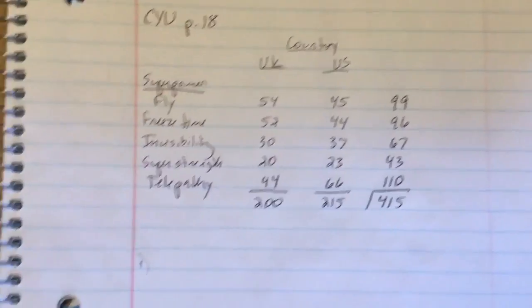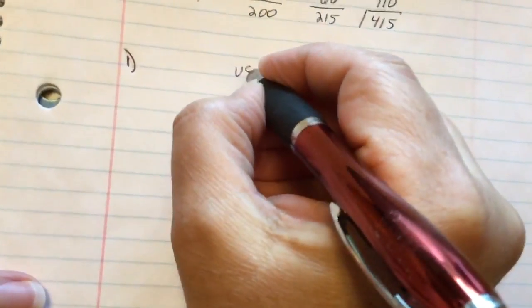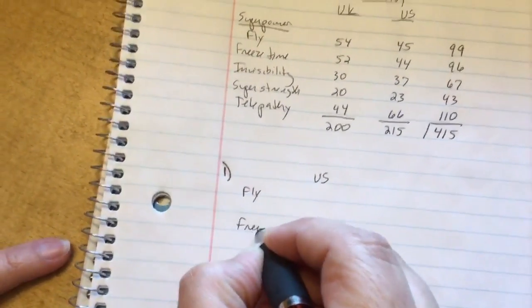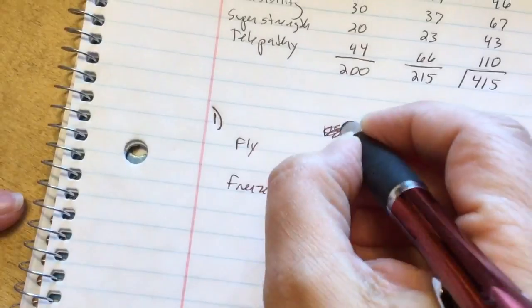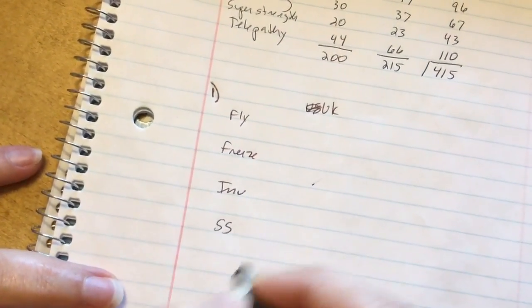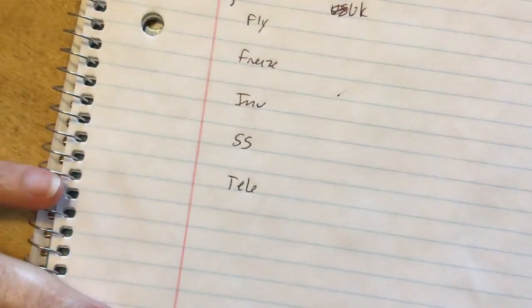Okay, so for the U.S., I'm going to do it on every other line. I have flying, oh, I didn't write U.S., U.K., freeze, invisibility, super strength, and telepathy.